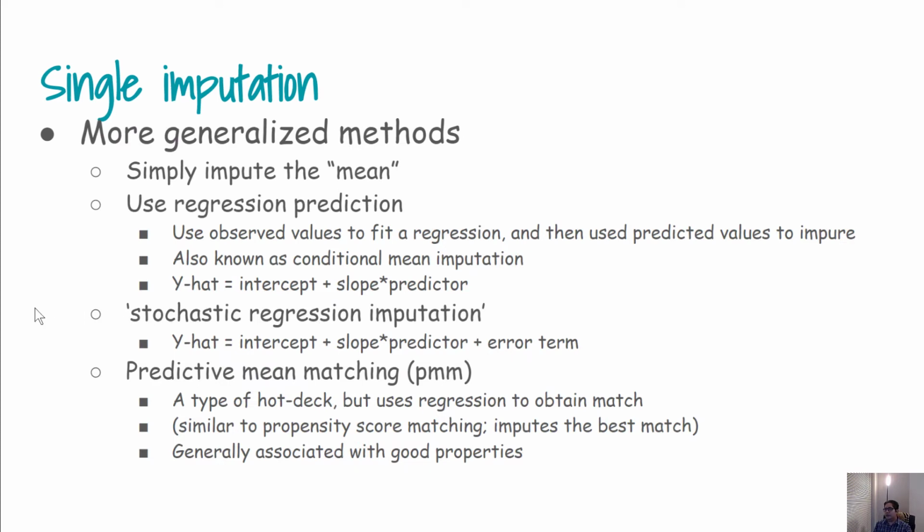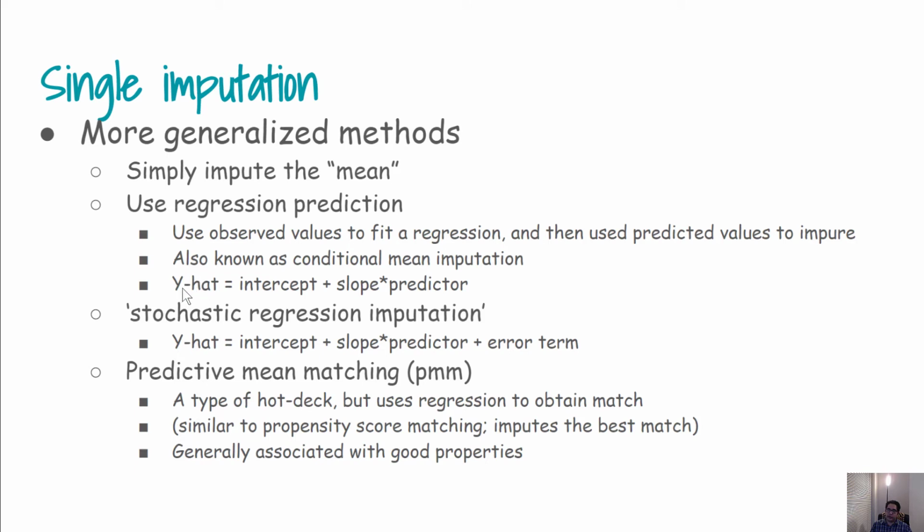Alright, so there are more generalized methods of single imputation than hot deck and cold deck. We can simply impute the mean as we have described earlier, or we can use regression to predict the missing value.